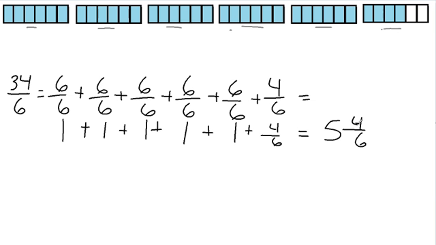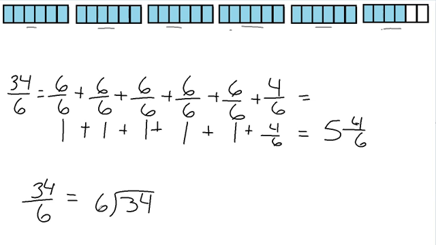Another way to do this, a lot of people, if you're good at division or you just want an even easier way once you learn division, is you can say 34/6 is the same as 34 divided by 6.